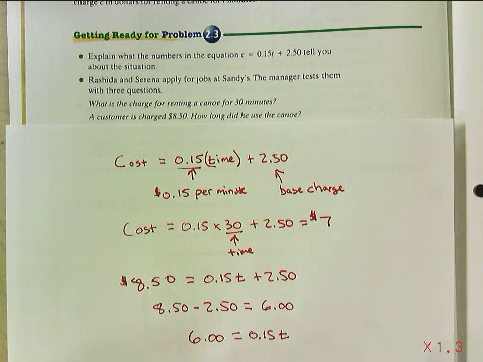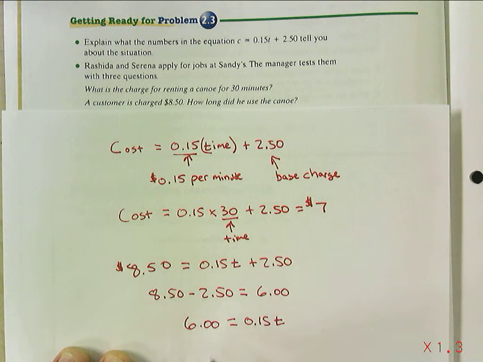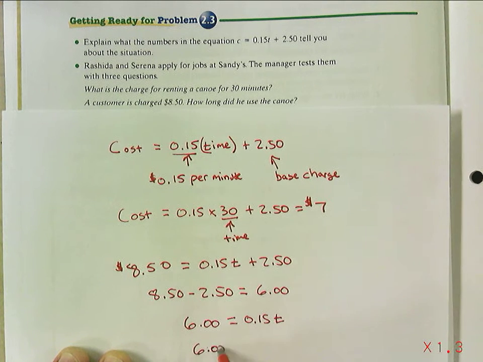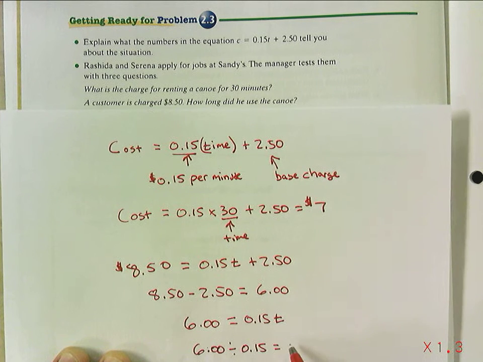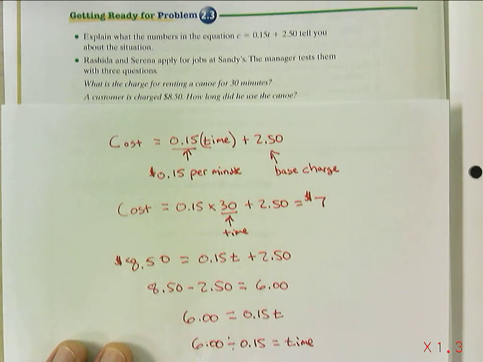And whenever you know that you're multiplying something times something else to get this other part, then I know that I'm just going to divide. So $6 divided by 0.15 should give me the time that they spent in the canoe on this problem.